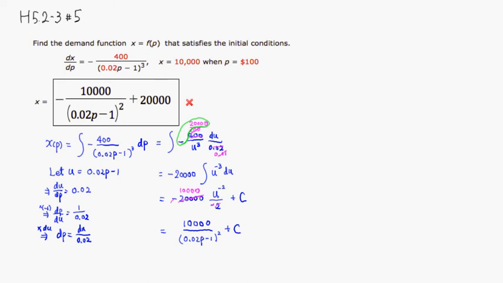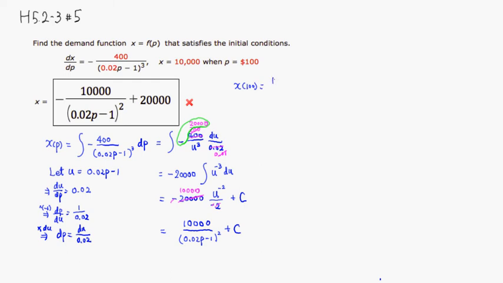Then we need to find c, but it says that when p equals 100, x is 10,000. So x of 100, and plug it into this formula.